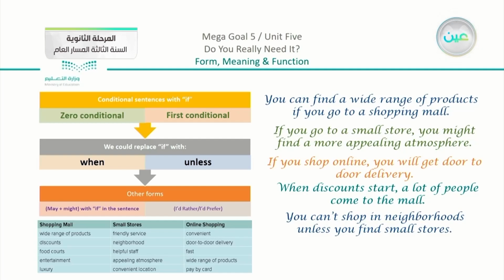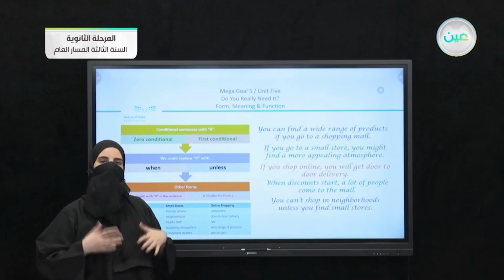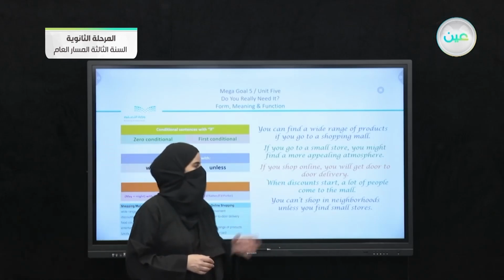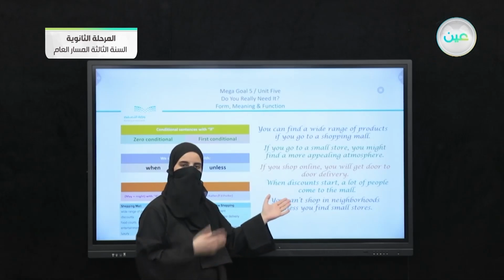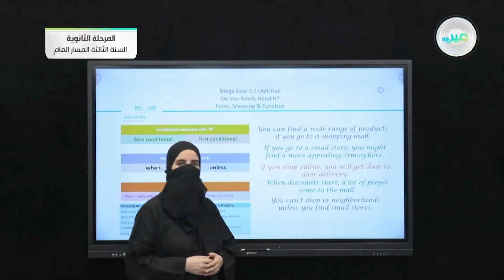We, after that, replaced if using when in the sentence. So you can see it's the same idea, but we replaced if with when. We do have the clause at the very beginning, and there is the comma. So we have here when discounts start. This is the dependent clause, completing a lot of people come to the mall.